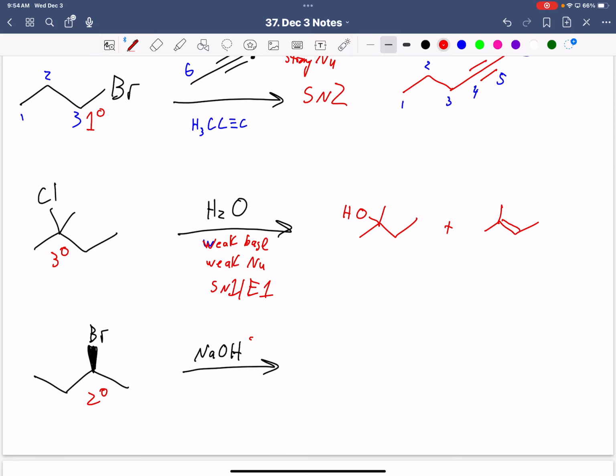Secondary substrate. Small. Strong base, strong nucleophile. So strong base, strong nucleophile, but it's secondary, so we're gonna prefer elimination. E2, and it's small, so we'll prefer the Zaitsev alkene.